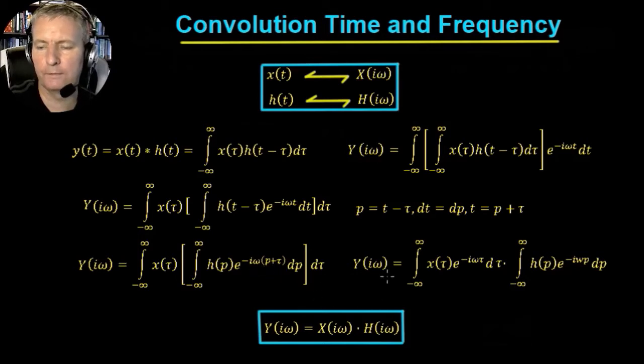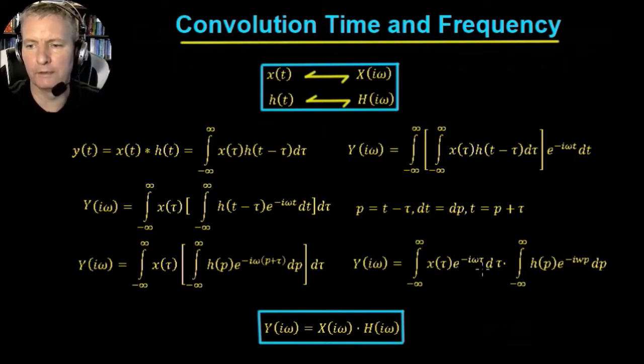When we do that, we get the integral from minus infinity to infinity of x of tau e to the minus i omega tau d tau, times the integral from minus infinity to infinity of h of p e to the minus i omega p dp. So this here is nothing other than our x of i omega, that's a Fourier transform, and this here is none other than the Fourier transform h of i omega.